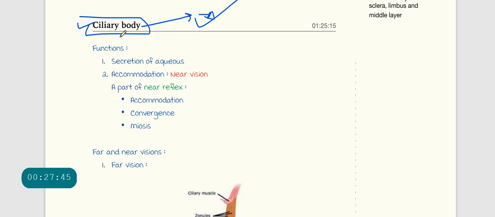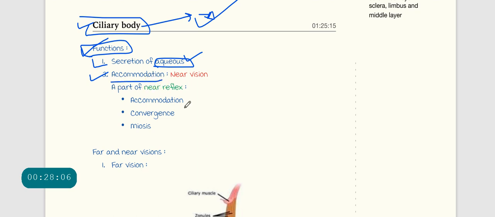The next function is accommodation, which is used for near vision. Accommodation is a part of the near reflex.